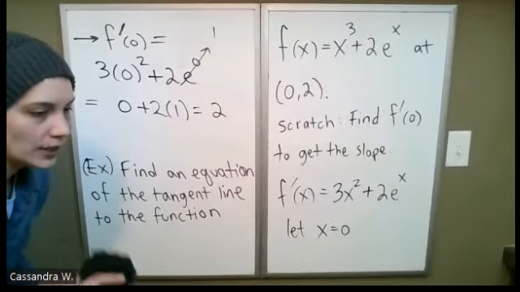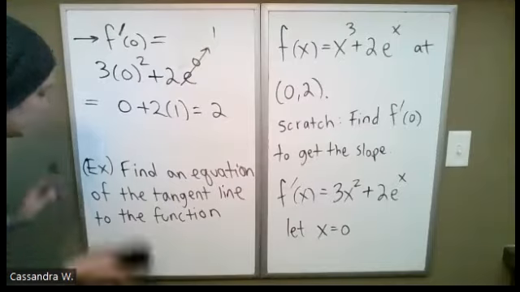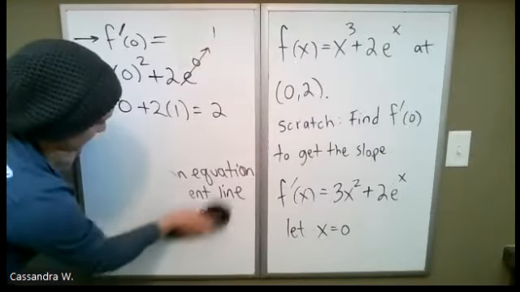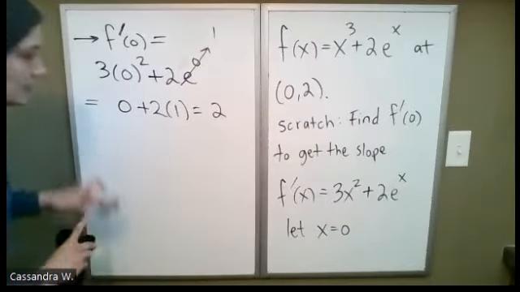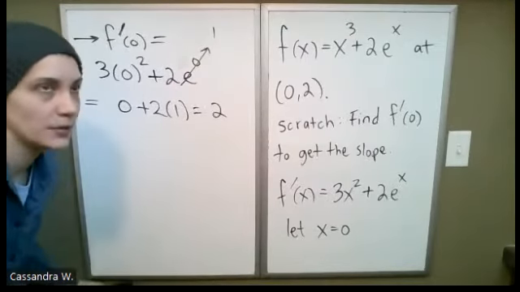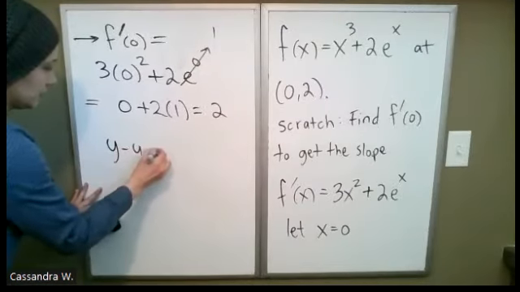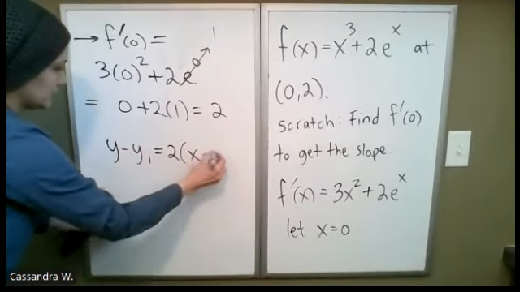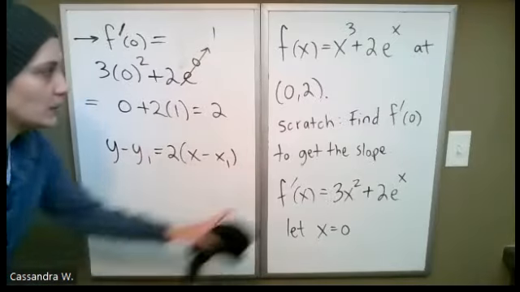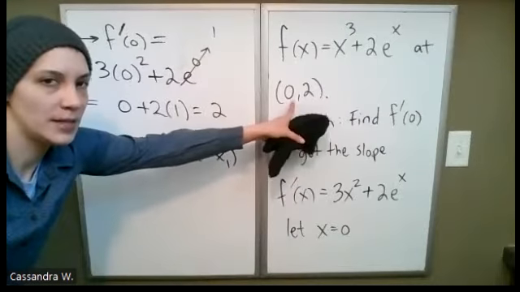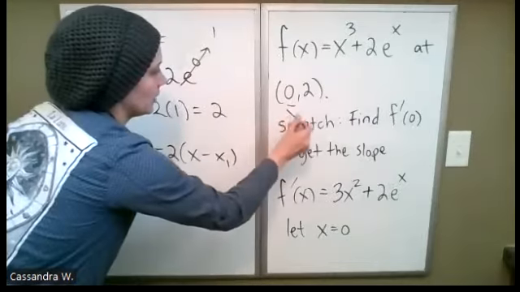And our equation of our tangent line will have a slope of 2. Then you put in your values from your point. This is my x value, there's my y.